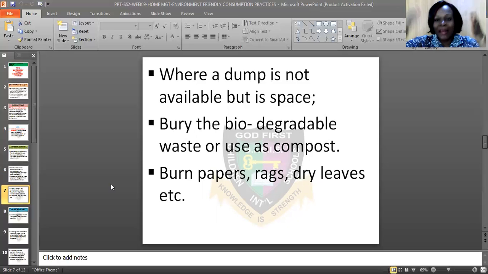If you can gather them into one big bag, they will come and weigh and give you your money. It is another way of sourcing for income. And at the same time, you're helping to keep your environment very clean. Is that taken? Okay.